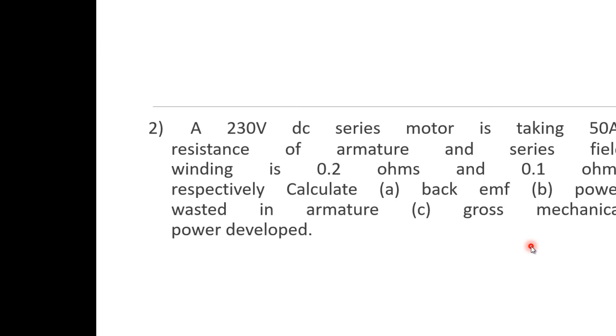Okay, and the second problem, we go to the second problem, that a 230 volts DC series motor, here it is a series motor. So a 230 volts DC series motor is taking 50 amps.